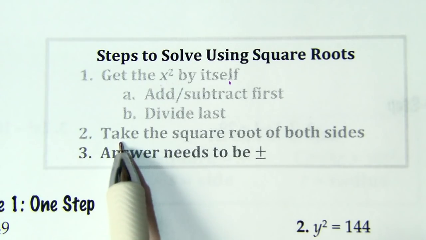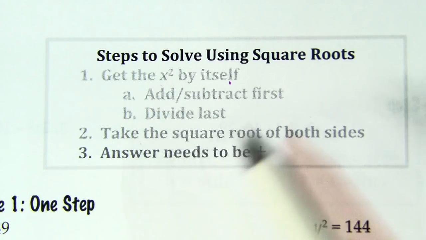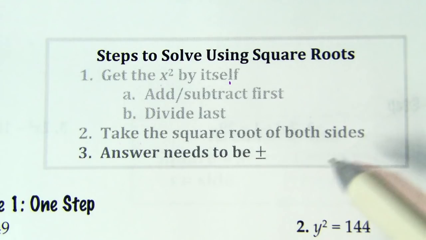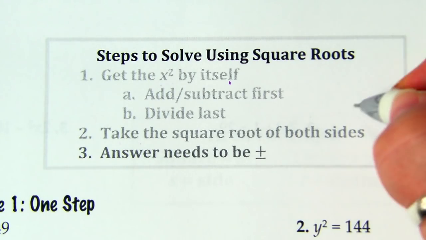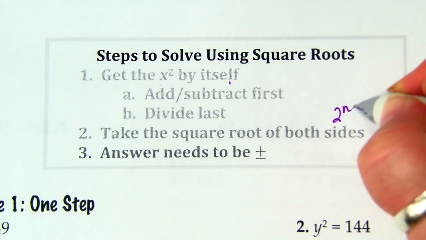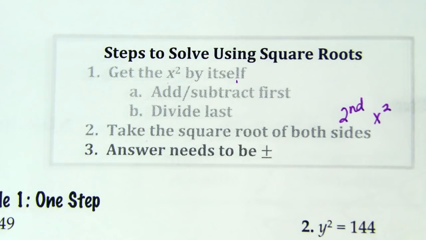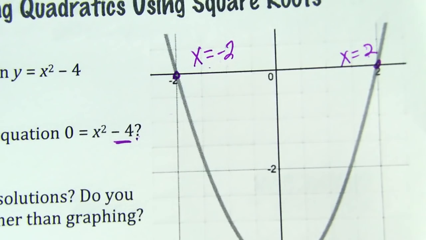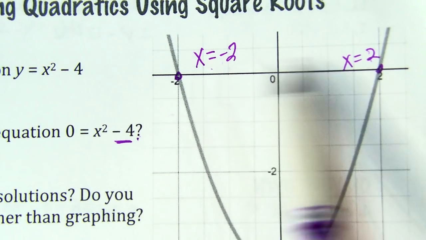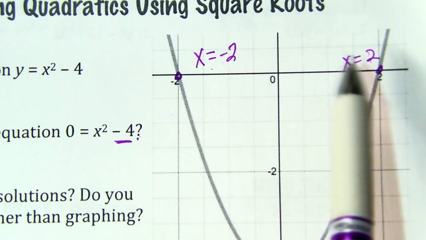Once you get x squared by itself, you have to take the square root of both sides. On your calculator, the blue ones, you'll have to hit second and then x squared, and a square root option comes up, and then you just type the number and hit equals. After you do that, you're going to get a number, but remember I said the graph is always going to cross in two places, the same number, one positive, one negative.